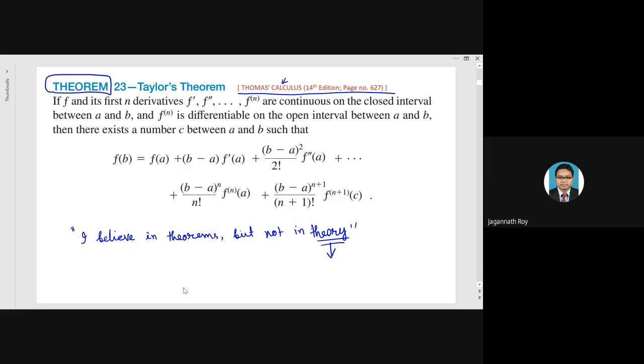So a theorem means it will have some hypothesis, and based on this hypothesis, there will be one conclusion.